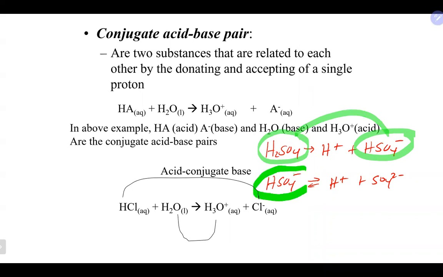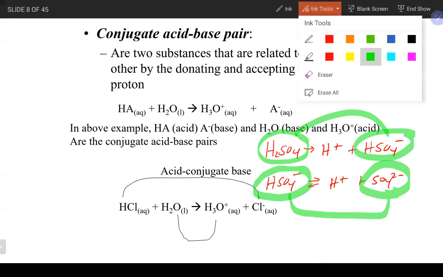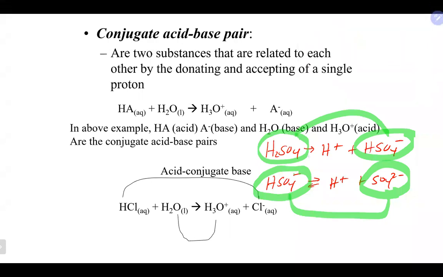This guy here and sulfate here would also be a conjugate acid base pair because the only difference is one H plus. Sometimes people go, well, what about going from here to here? Obviously, they are related to each other, but they would not be a conjugate acid-base pair because the difference there is 2 H pluses, so too many.